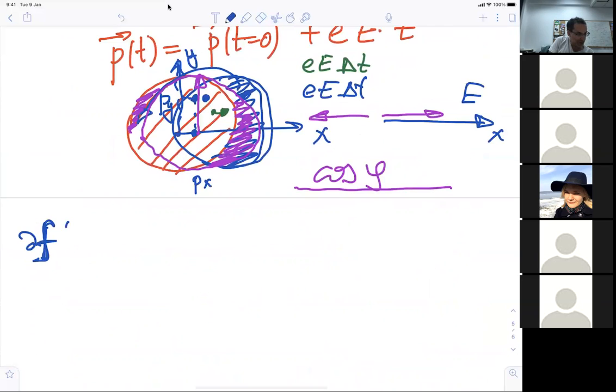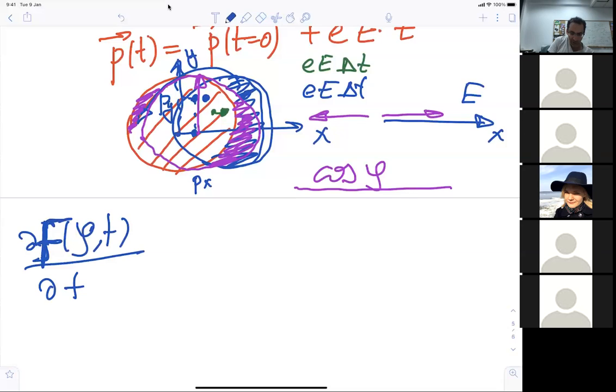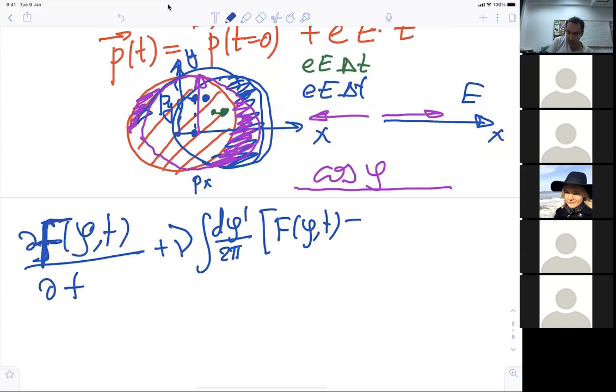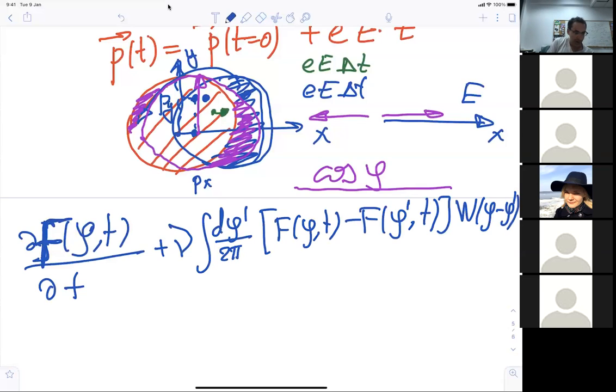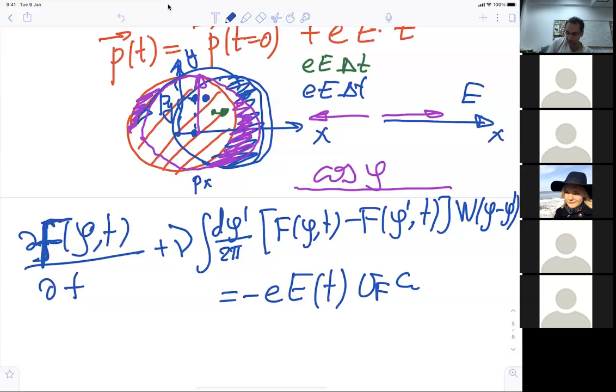In terms of the function f, I have a time-dependent part plus the density of states times the integral over phi prime over 2 pi of f of phi and t minus f of phi prime and t, times w of phi minus phi prime, equal to minus E times the electric field as a function of time, times V Fermi cosine phi.